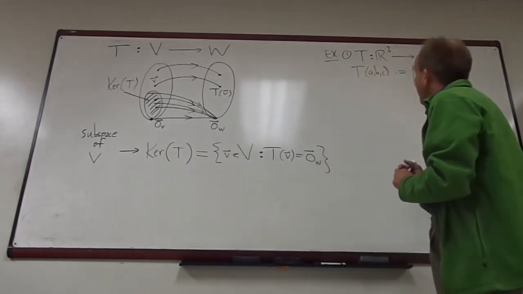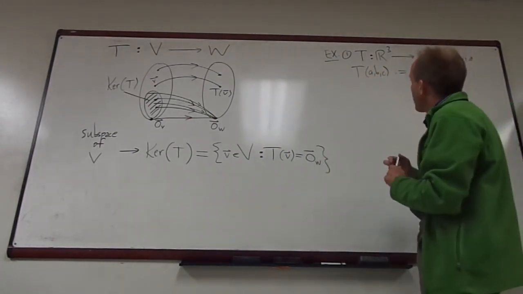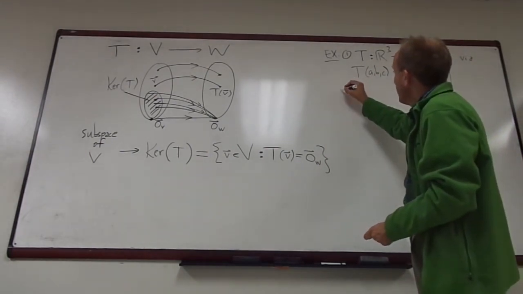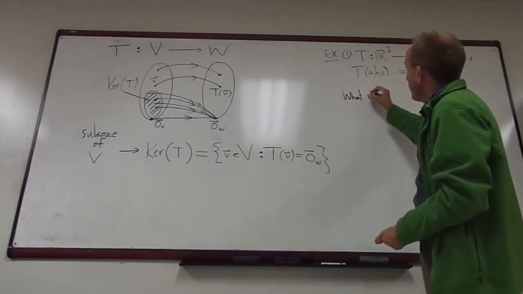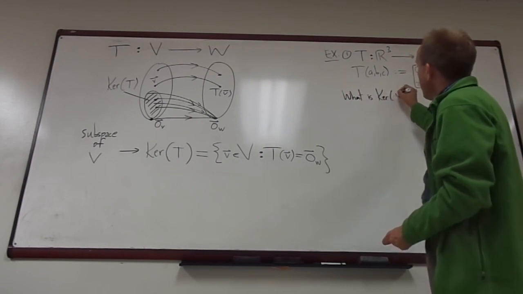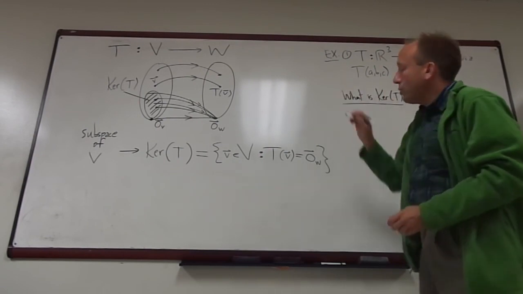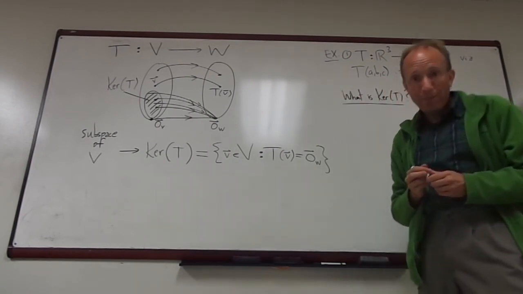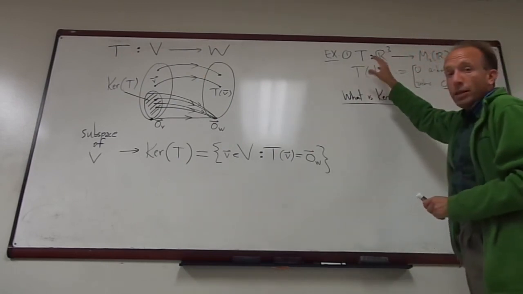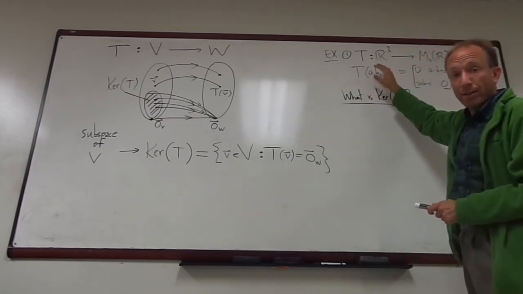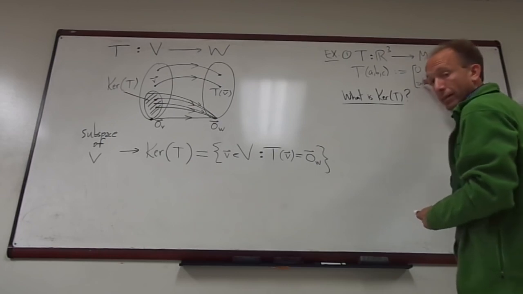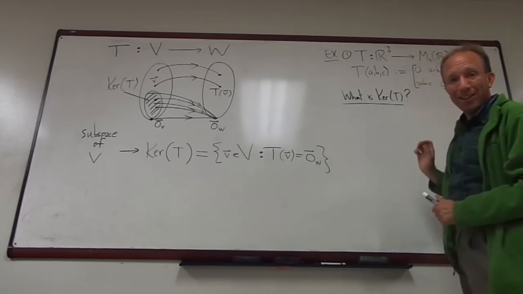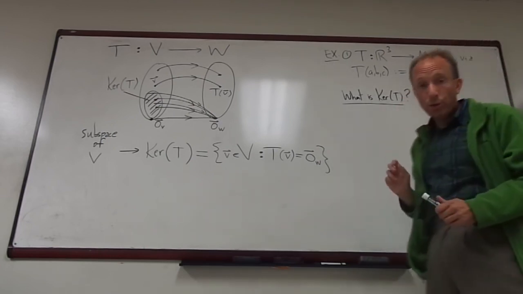So what is the kernel of T? The way that you go about addressing that question is you imagine that you've transformed some vector (a, b, c) and that it has become the 0 vector, in this case the 2 by 2 zero matrix.